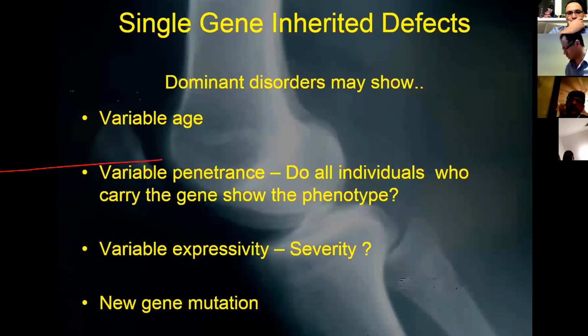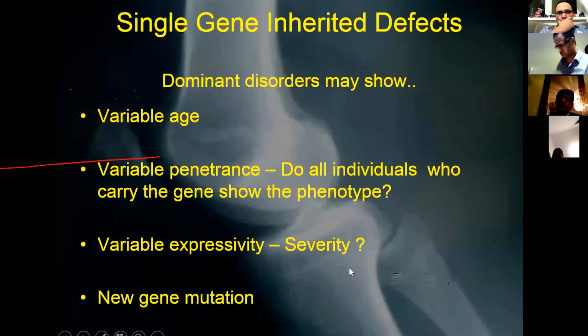Next, these are conditions which are called single gene inherited defects, which means scientists have realized that there's one gene which is responsible for an orthopedic or a genetic condition, and that gene is passed down in a particular manner. This is the classification where all the things like autosomal dominant, autosomal recessive, X-linked dominant come in.